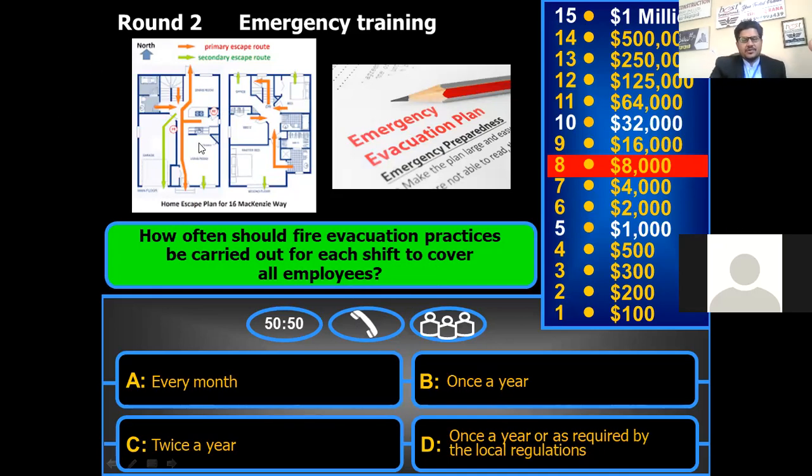How often should fire evacuation practices be carried out for each shift to cover all employees? Yes, guys.